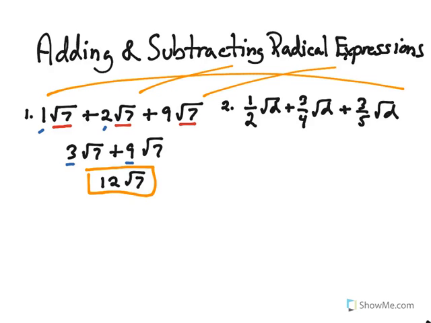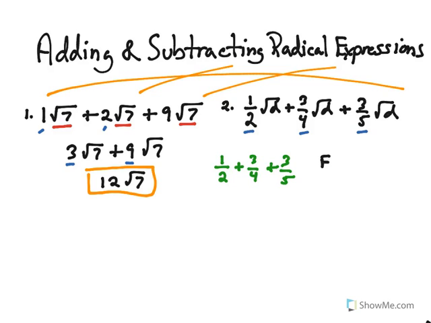Notice that all of the coefficients are fractions and they're all different. This is essentially what we're adding. We're adding those three fractions. And in order to do that, we're going to have to find the LCD.